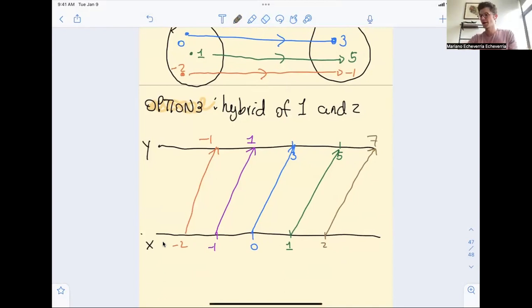Again, the rule for this function was 2x plus 3. Is that making sense? Is this diagram reasonable and making sense?